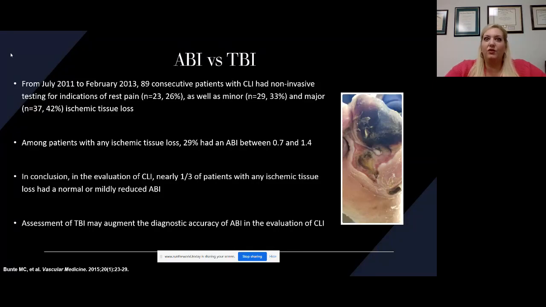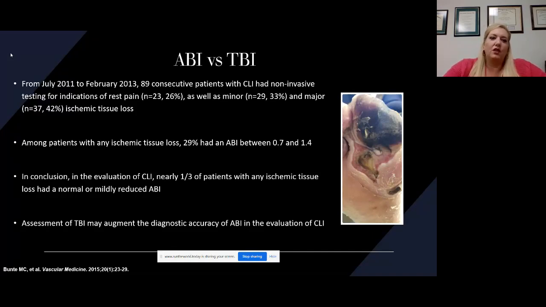So we know that those are the symptoms we see for critical limb ischemia. And even among those patients that had minor and major ischemic tissue loss, 29% still had a decent or normal ABI of 0.7 to 0.4.